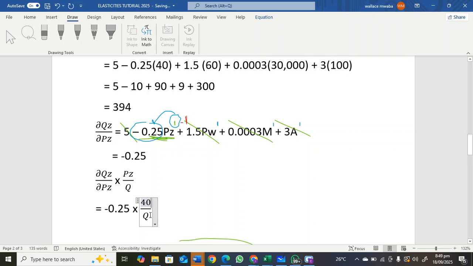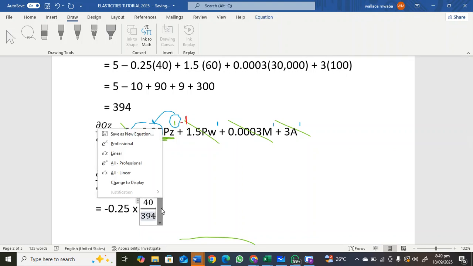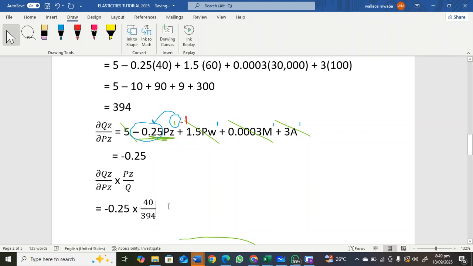40 divided by 394. Yes, the price given to us.